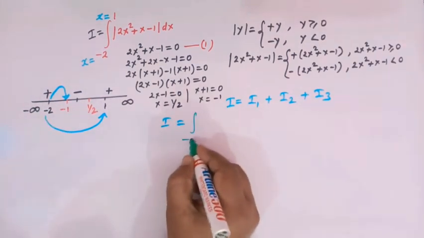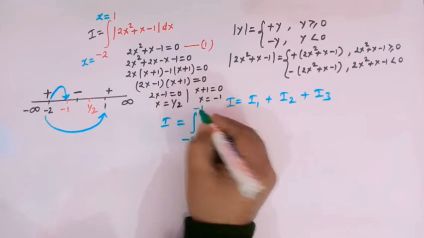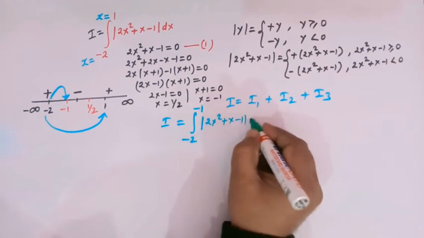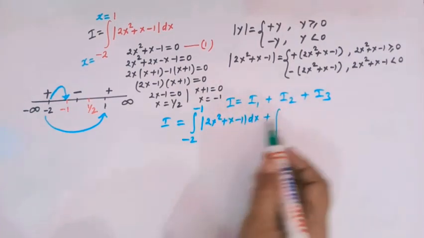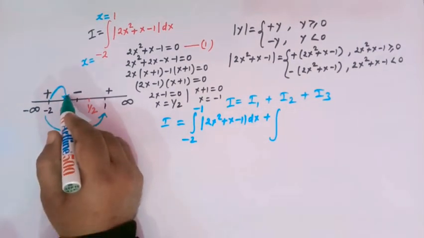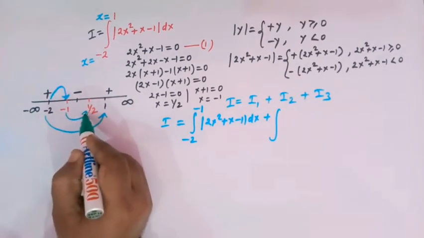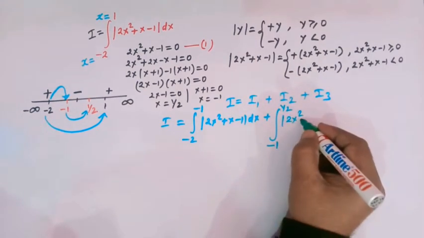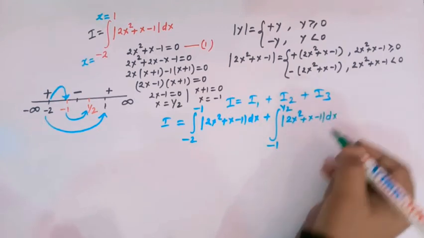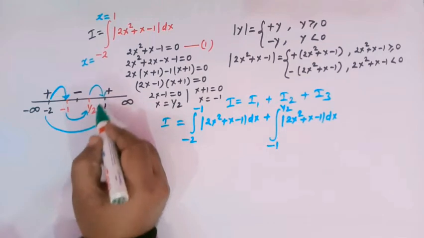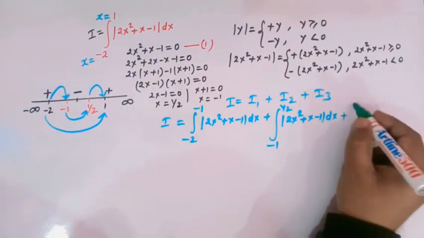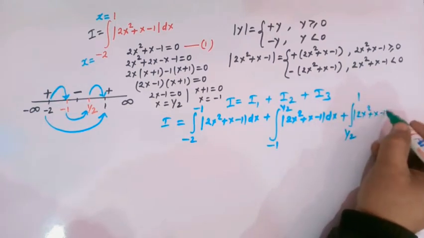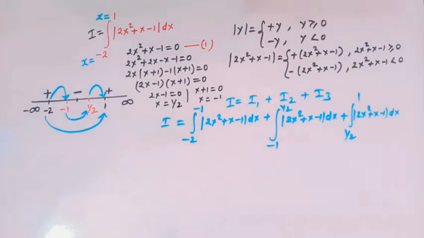So we can write from -2 to -1, and here we have mod of 2x square plus x minus 1 dx, and the second integral I2 is from -1 to half, and here we have mod of 2x square plus x minus 1 dx, and the third integral is from half to 1, and here we have mod of 2x square plus x minus 1 dx, right?